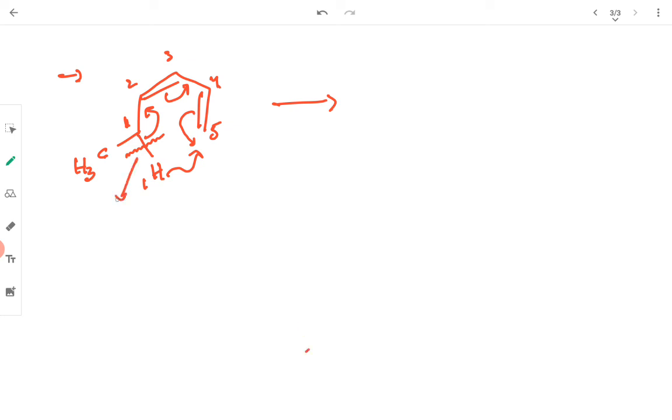So I can write that this sigma bond is broken at the end of the pi system.